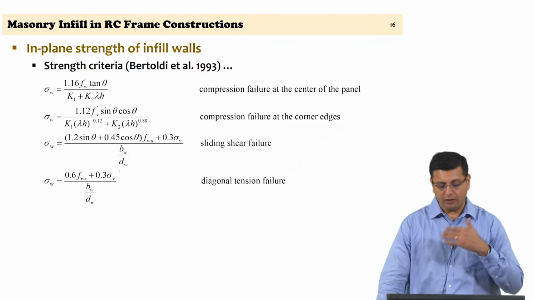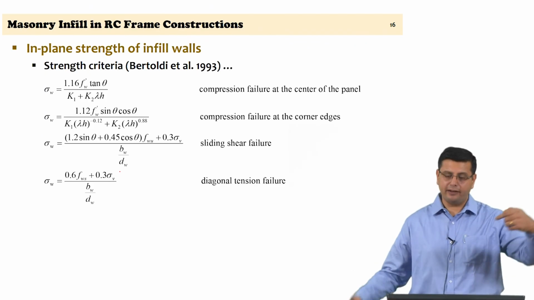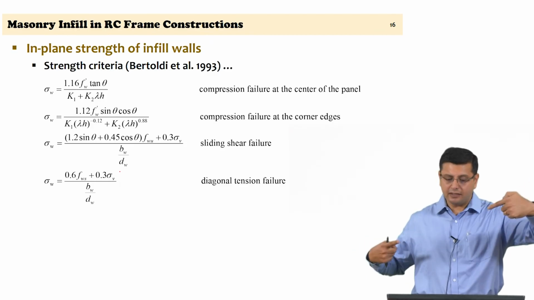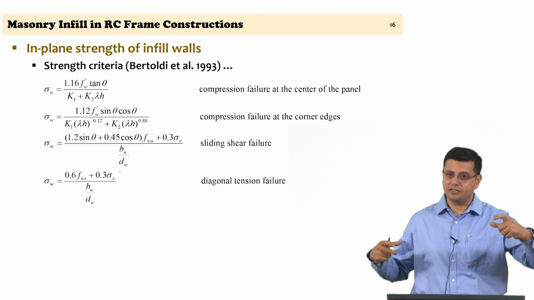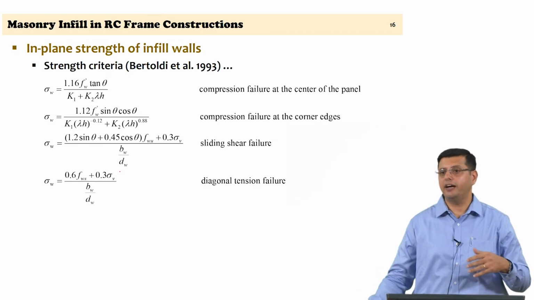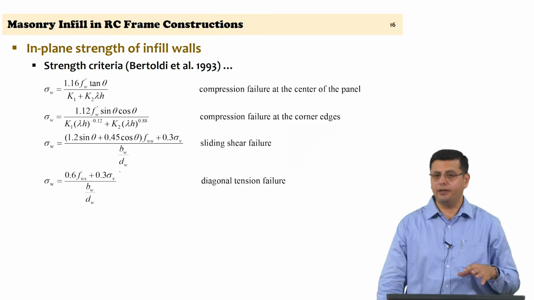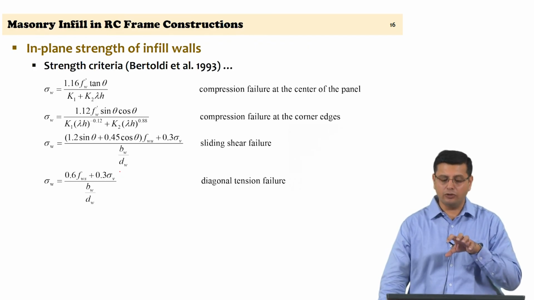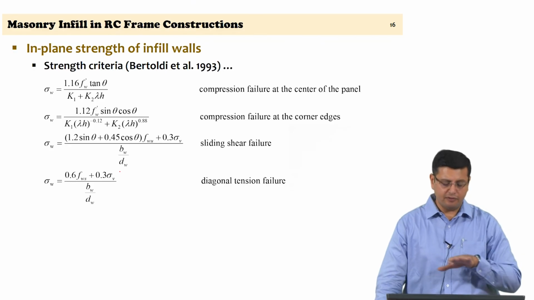The strut can fail in compression at the center, or due to compression because of contact at the corners, or you could have sliding shear failure, or a diagonal tension failure as we have seen earlier. These formulations are based on an understanding of how the panel is failing, through interactions with the frame itself.